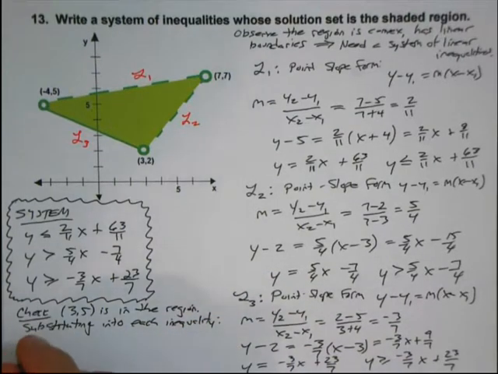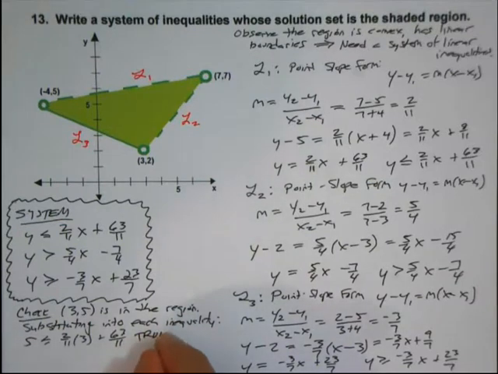Let's take the first one: 5 less than or equal to 2/11 times 3 plus 63/11. 2 by 3 is 6, that's 6/11, and 6/11 plus 63/11 is 69/11. 69/11 would be 6 and 3/11. That's greater than 5. This is true.